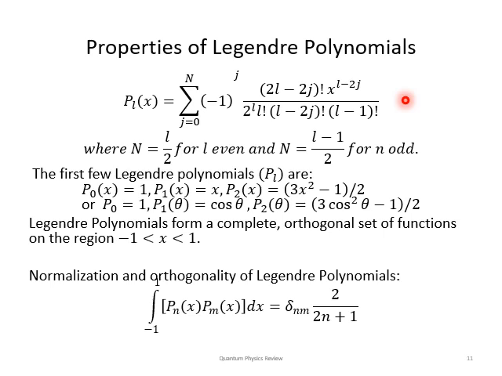Legendre polynomials form a complete orthogonal set of functions on the region from x equals minus 1 to 1. That means that we can express any function over that interval in terms of Legendre polynomials, just as we were able to express a periodic wave in space as a series sum of sine and cosine functions.